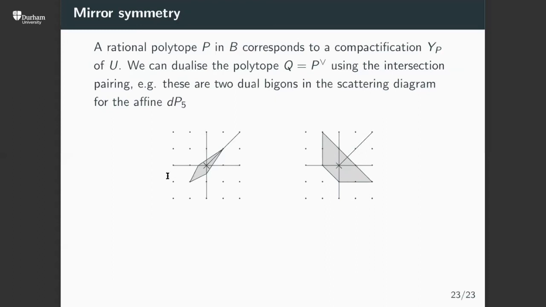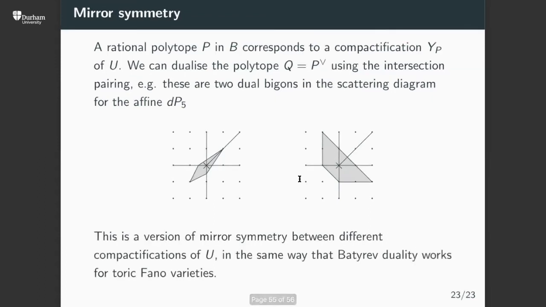And so these are 2 dual polygons, and they correspond to 2 dual compactifications of the same cluster variety U. And this is just a version of mirror symmetry between 2 compactifications of this variety U, in the same way that Batyrev duality between reflexive polytopes is a form of mirror symmetry between toric Fano varieties.